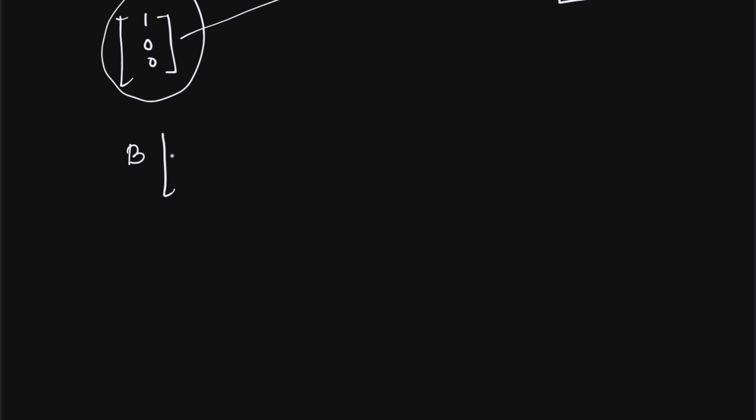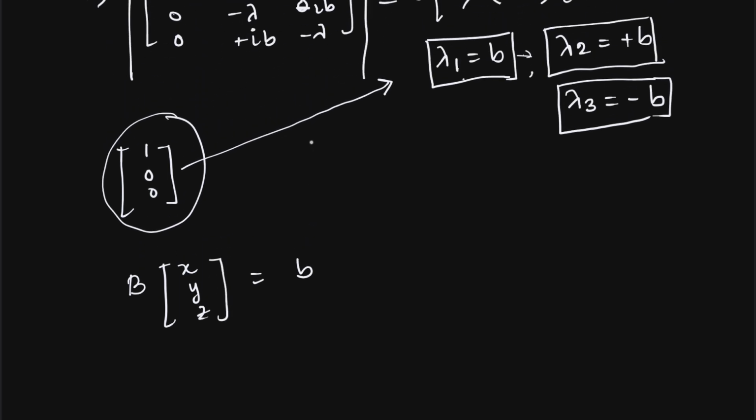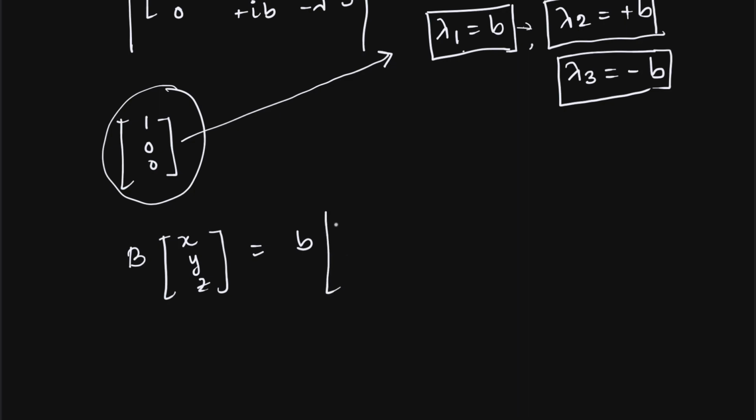Suppose the second eigenket is (x, y, z), with eigenvalue b.